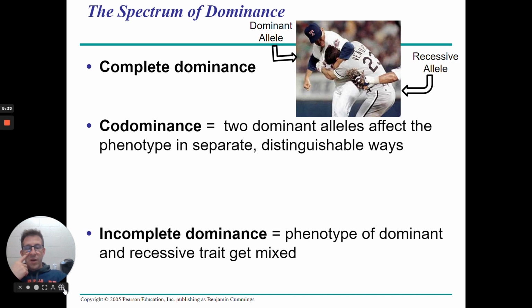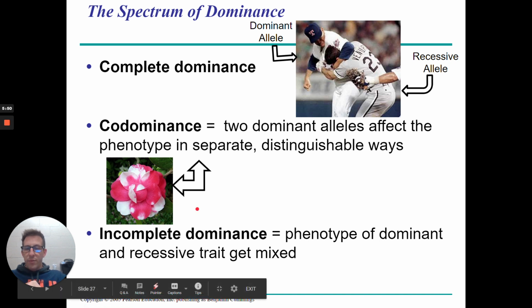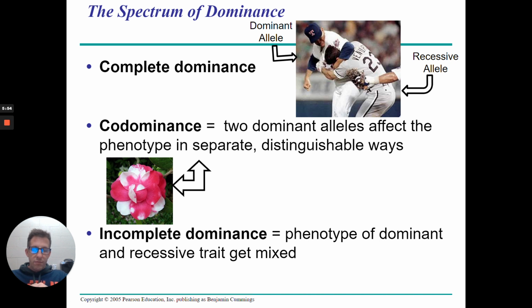Codominance is where we maybe have two genes or two alleles that are dominant equally, meaning that two dominant alleles will affect the phenotype in separate and distinguishable ways. So the flower that you see here is probably heterozygous for red and white color of petals, and certain parts of the flower are going to express the red, and certain parts are going to express the white, because no one knows who wants to win.